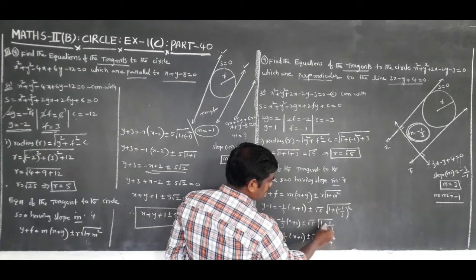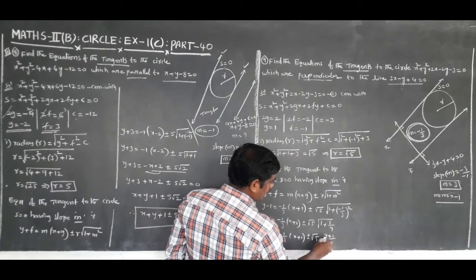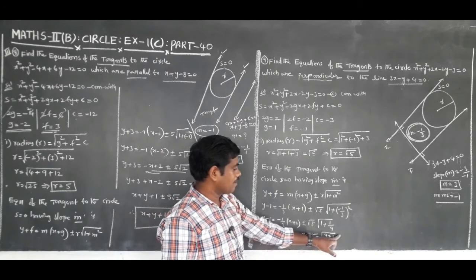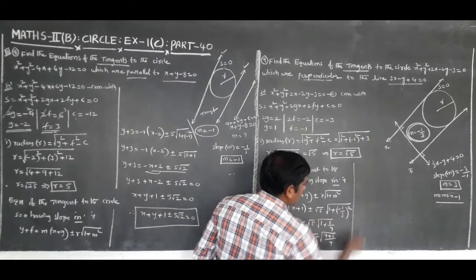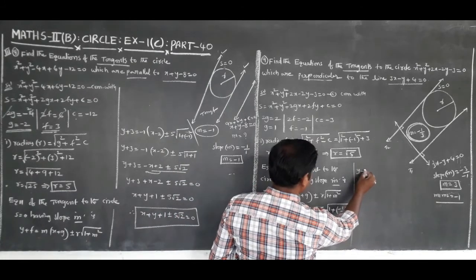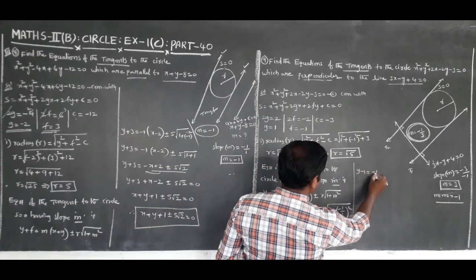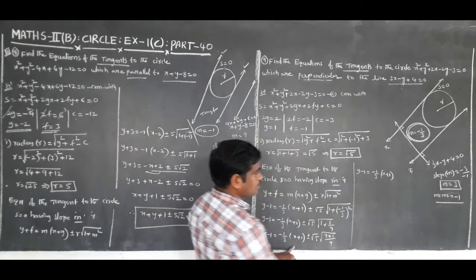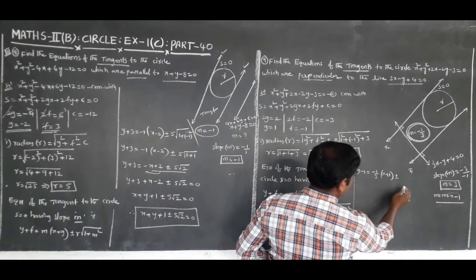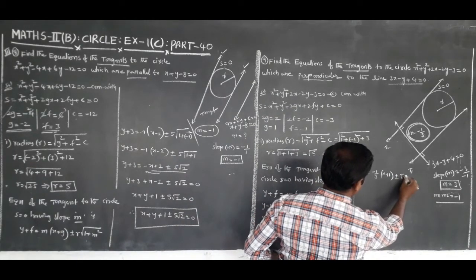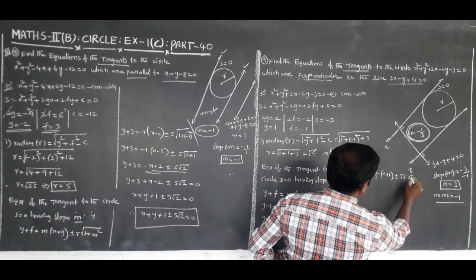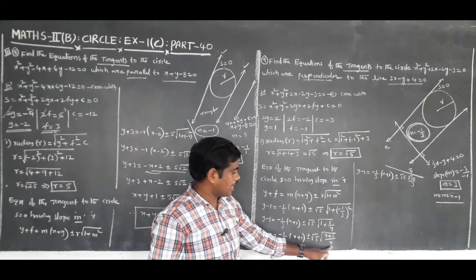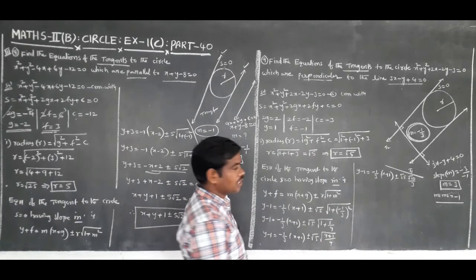Taking LCM 9, under root of 9 plus 1 by 9. y minus 1 is equal to minus 1 by 3 into x plus 1 plus or minus root 5 into root 10 by root 9, which is 3.